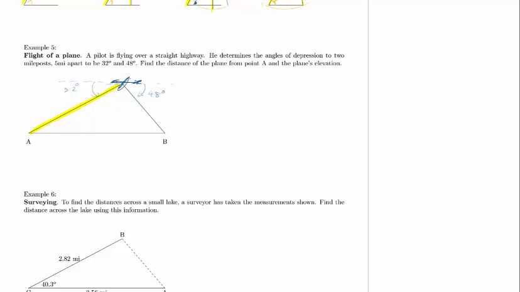All right, so let's go ahead and set this up. Notice that if we were to continue this line like so, using the opposite angle, that's 32 degrees. Because this line's parallel with that elevation, that one will also be 32 degrees.